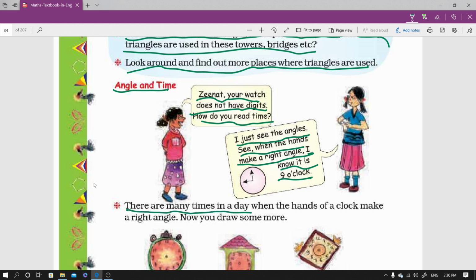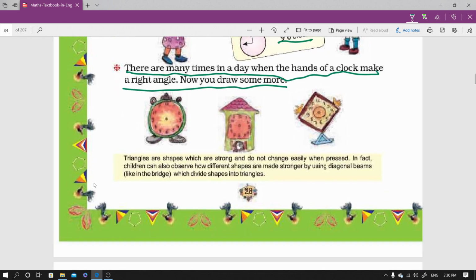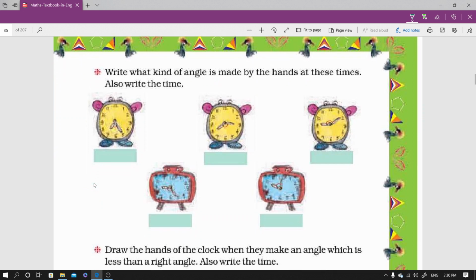There are many times in a day when the hands of a clock make a right angle. Now you draw some more. Write what kind of angle is made by the hands at each time.